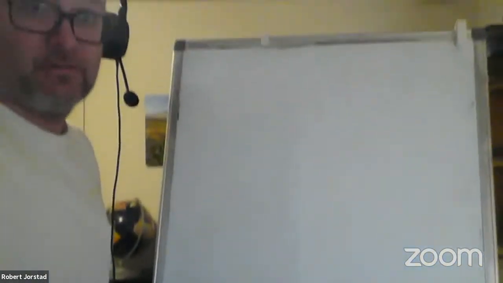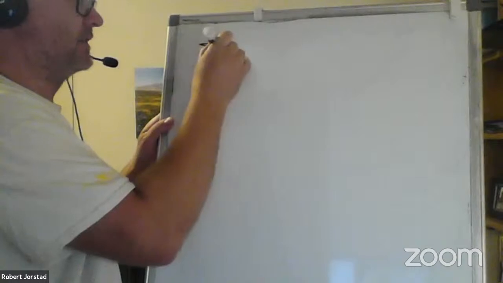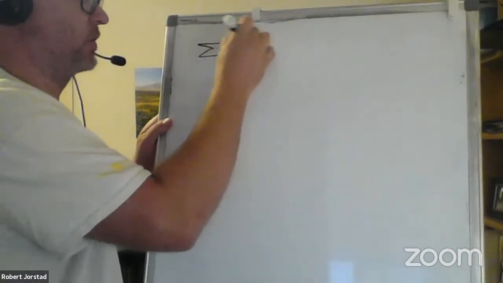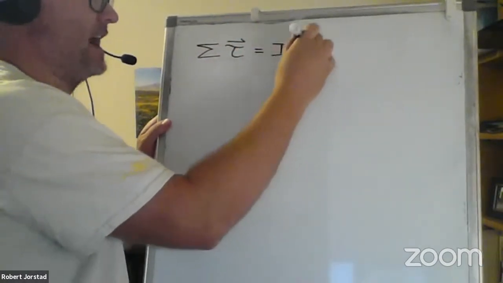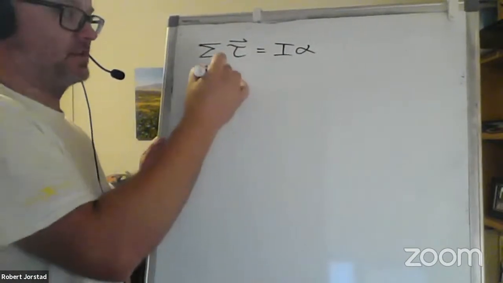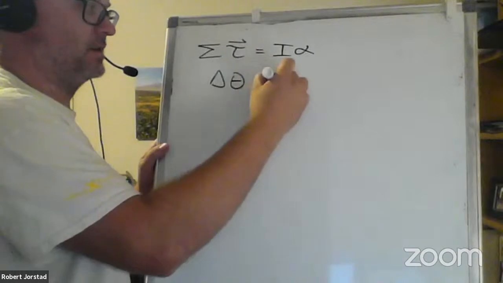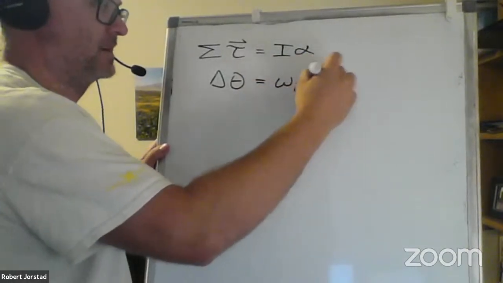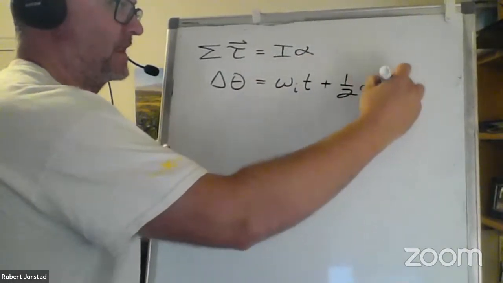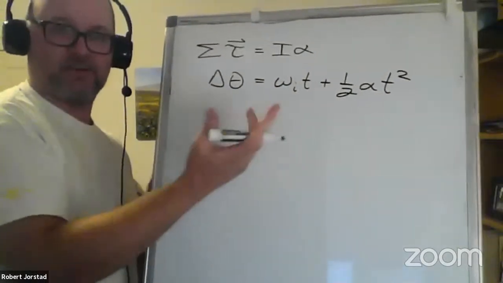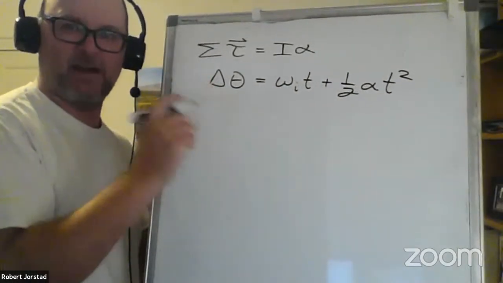So let me start with this share here. This is the big picture all day long. One method of solving problems could be the sum of torques equals I alpha. We also know kinematics, delta theta equals, and obviously there are other kinematics equations as well, but I'm just going to cheat with that one.